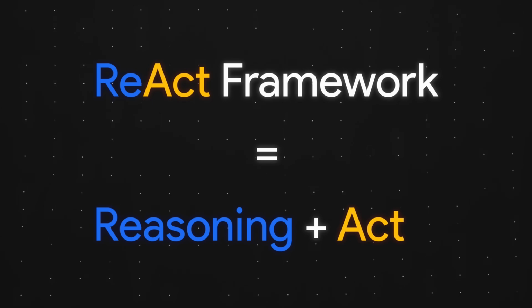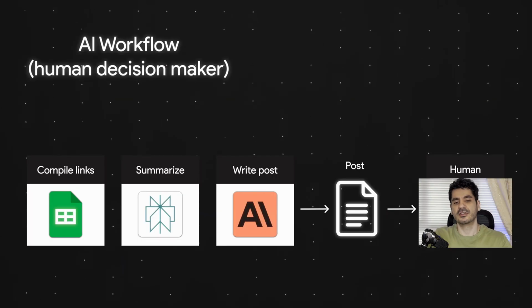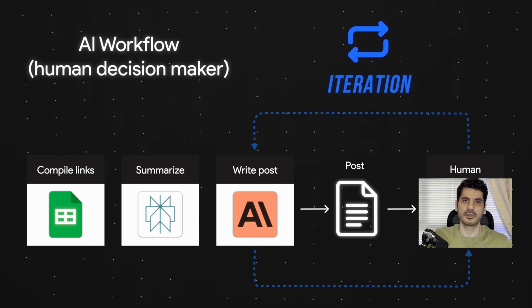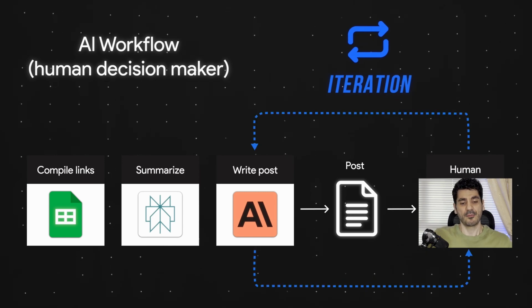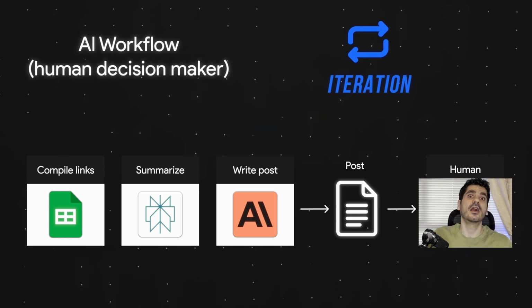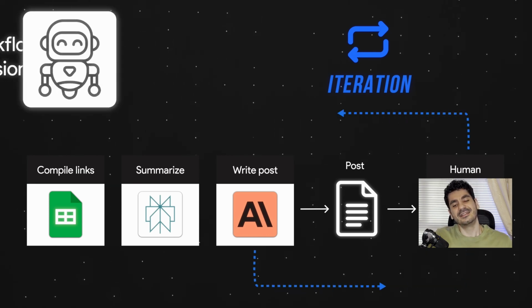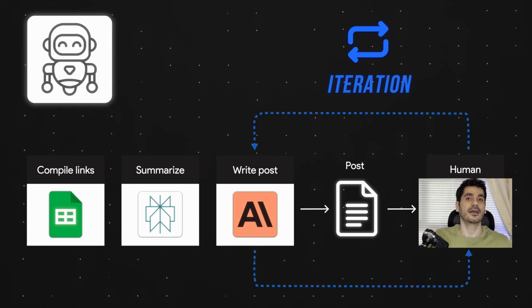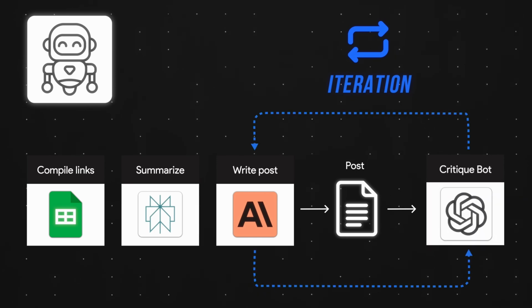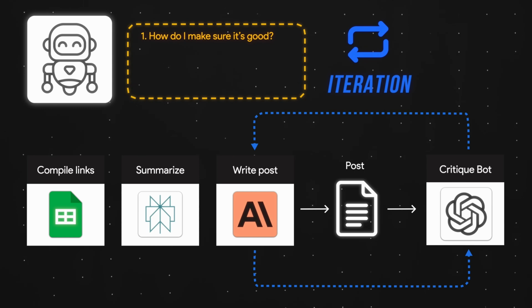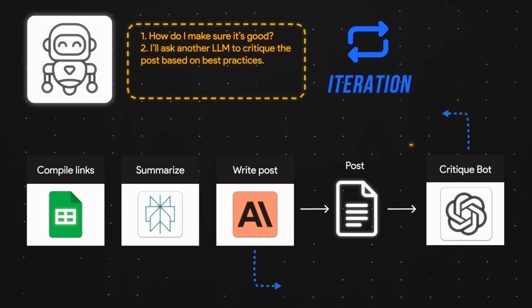Now, what will happen here is that we have compile links, summarize the links, and then we have the post, and then I have a human who tries to iterate. I'm going to see, okay, is this post good or not, and I'm going to change it. But what will happen inside the AI agent is that the human is now going to be replaced by AI, and then it's going to act and use a critic bot, which tries to see whether the article that is generated is aligned with what I want, and make sure that it is a good post.